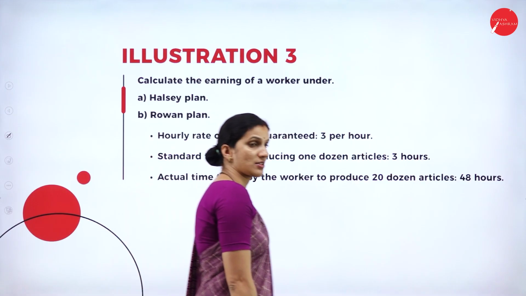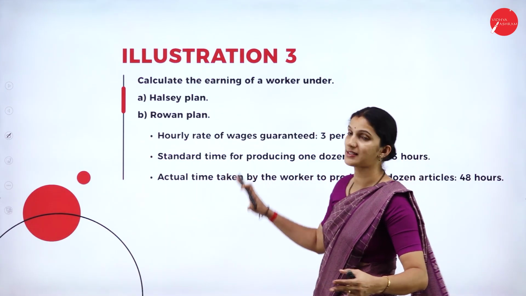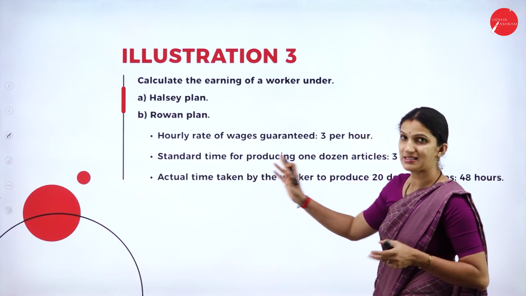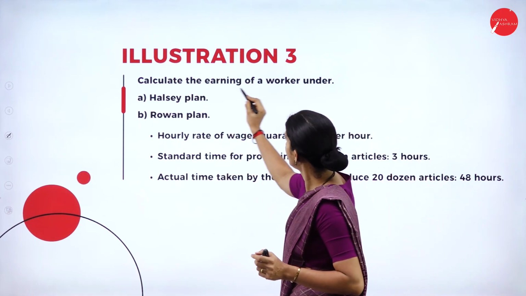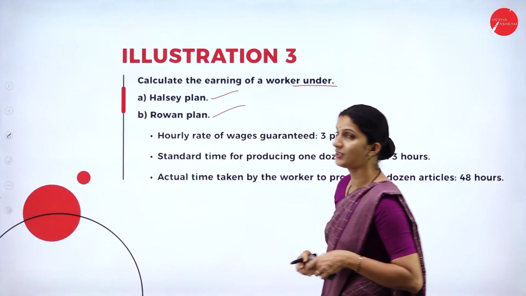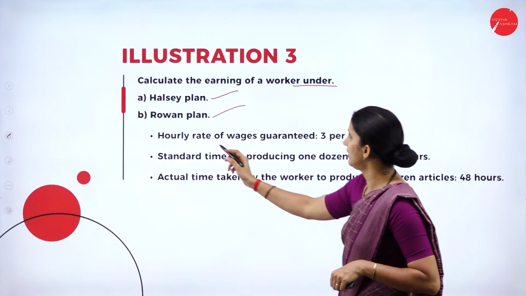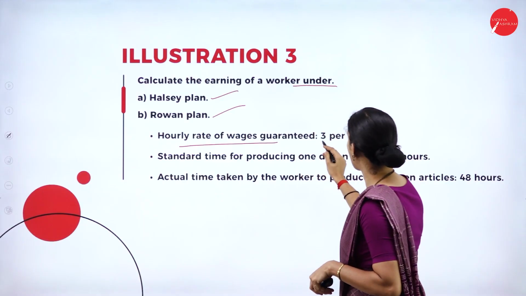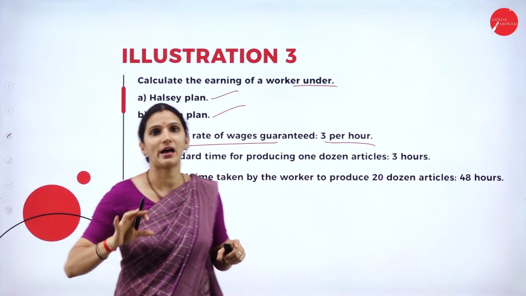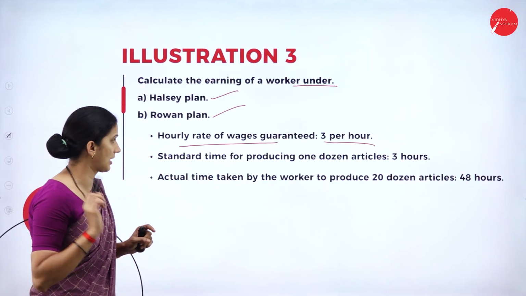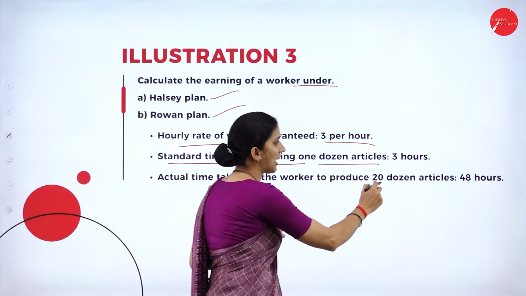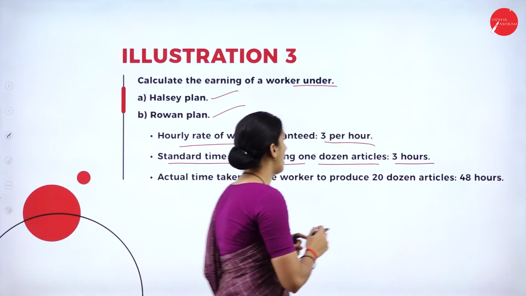So we have illustration 3, where everything is the same, with one slight change. Calculate the earnings of a worker under Halsey's plan and under Rowan's plan. Here the hourly rate of wages guaranteed is rupees 3 per hour. The standard time for producing 1 dozen articles is 3 hours.